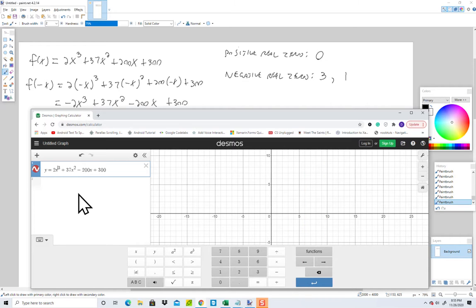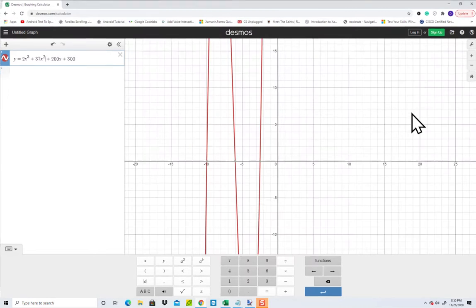So 2x to the third plus 37x squared plus 200x plus 300. I got something wrong there. There we go. That looks better.